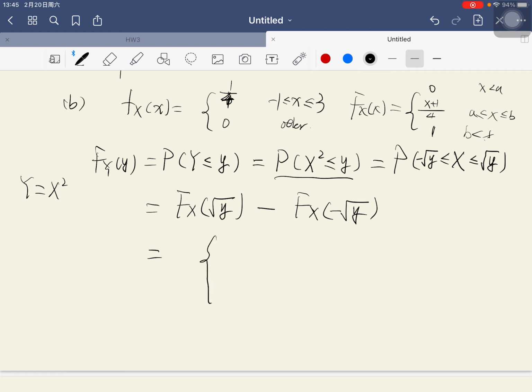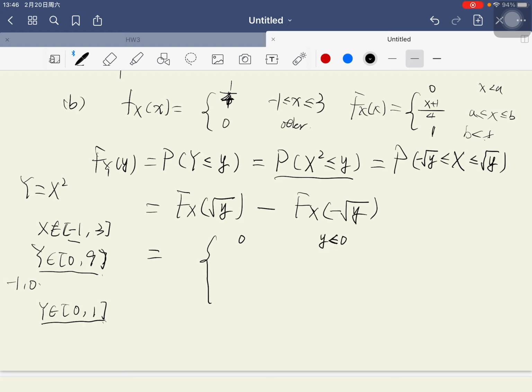and because the X range is from -1 to 3, the Y range is from 0 to 9. But from -1 to 0, the Y range is from 0 to 1, so it is different from the other range. So in this part, when y is less than 0, it is equal to 0.